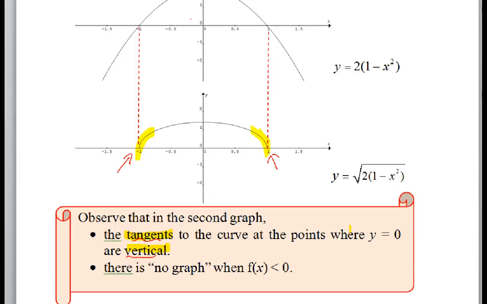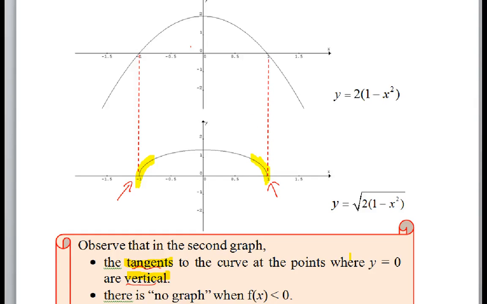I want to highlight one very important point, which I will say time and again, and I will explain why later. We should note that at the x-intercept here, the tangents are vertical. I repeat one more time: the tangents here are vertical.